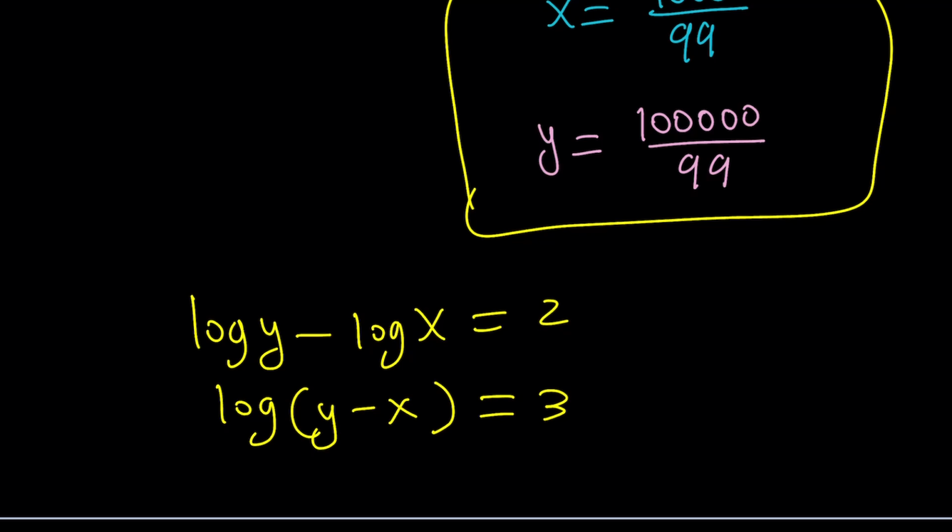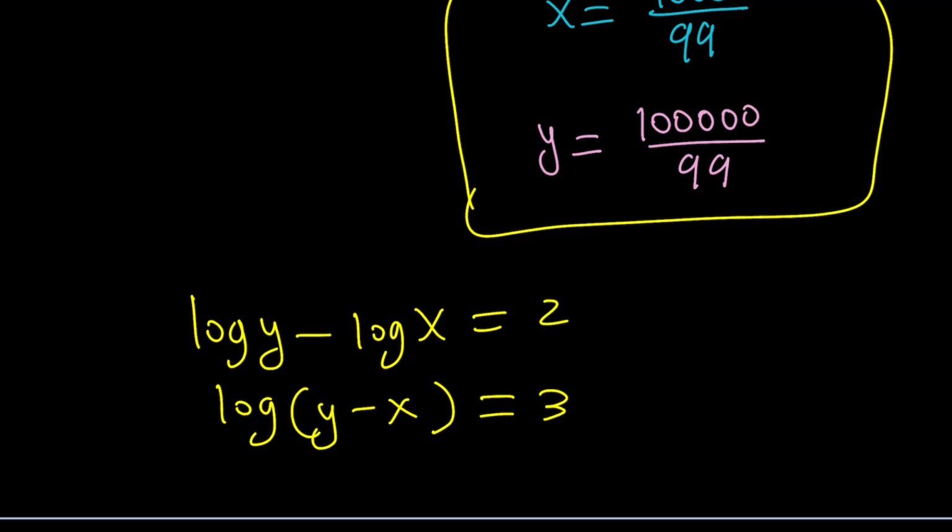Everything is so linear. But if you had some quadratics or some radicals, of course, you would have to check the domains. We have to make sure that x and y are both positive, which they are, and y minus x is also positive. And of course, that's the case. y is greater than x. But if you want to plug it in, you're going to notice that, yes, they will satisfy the equation.